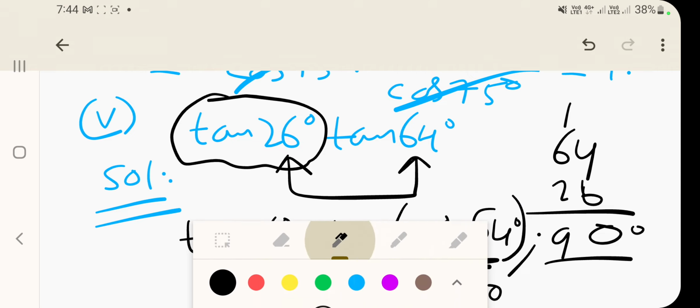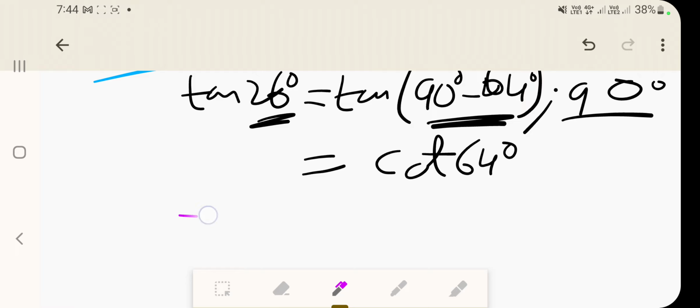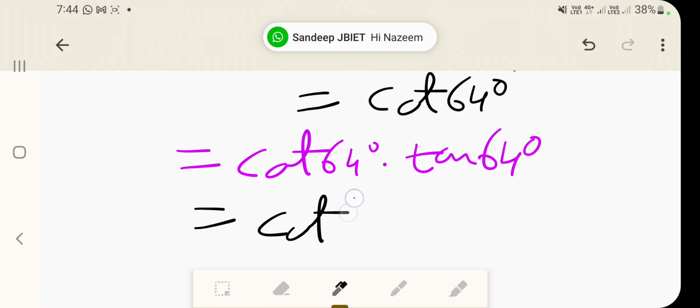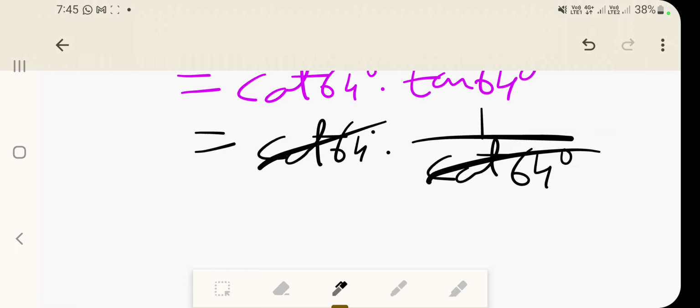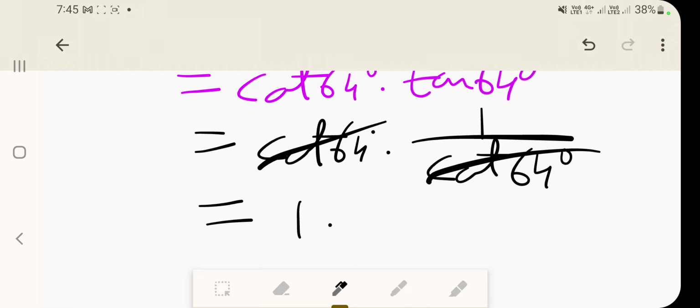This tan 26 in the given problem is going to be replaced with cot 64 degrees into tan 64 degrees. We know that tan can be written as 1 by cot 64 degrees. Cot divided by cot will get cancelled and we get 1. So tan 26 into tan 64 also resulted in 1.